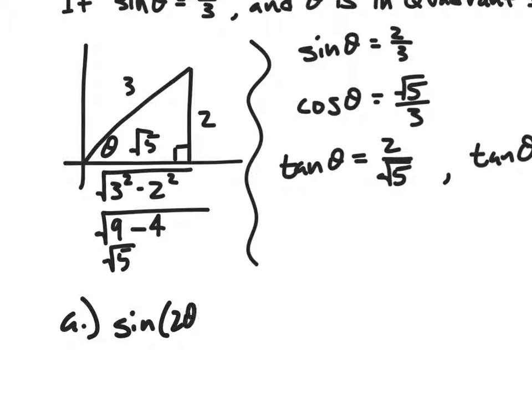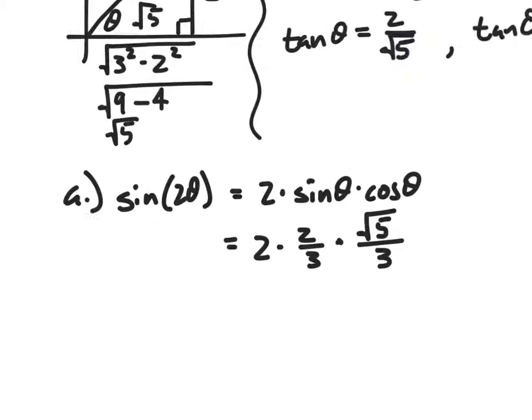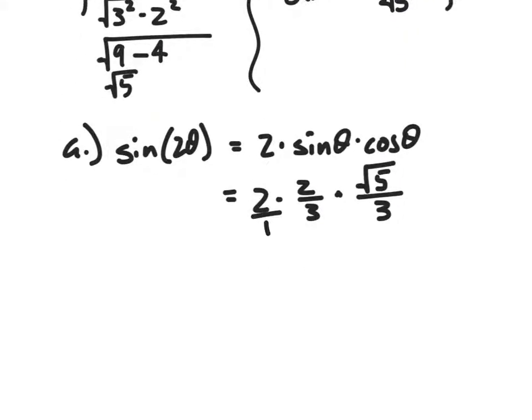Okay, so let's write out our identity that we've got. And so we can do 2 times sine of theta times cosine of theta. Okay, and since I've got 2 times sine of theta, which is 2/3, times cosine of theta, which is the square root of 5 over 3, all I'm going to do here is then just multiply across.